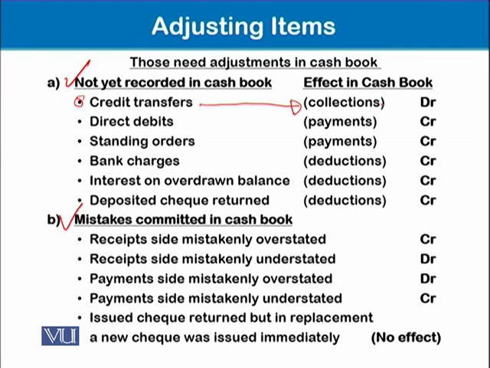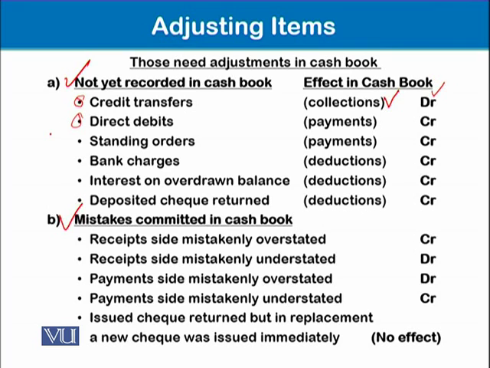So now tell me, if there is a credit transfer, there will be an increase in the balance in the bank. If money has been collected in the bank and not recorded, when we record it, it will be recorded as a debit in the cash book.